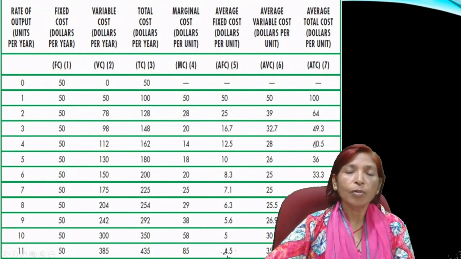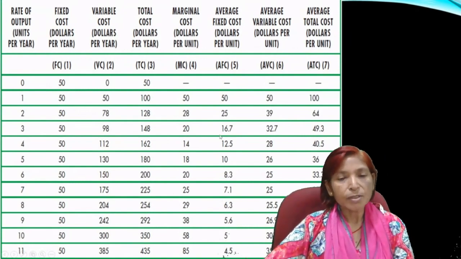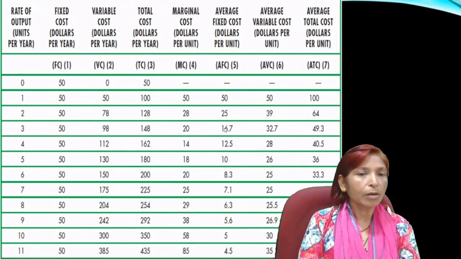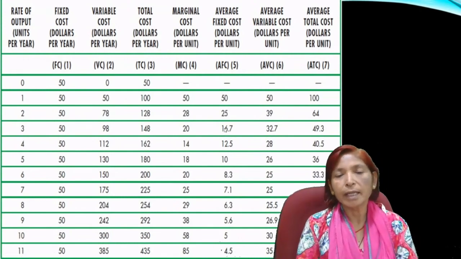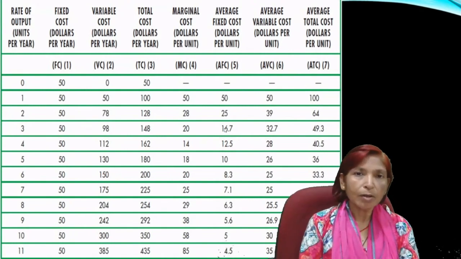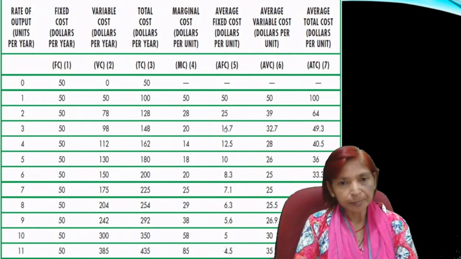So this is the table for calculating all these costs. If we are given only the output units and total cost, we can estimate all these costs like fixed cost, variable cost, marginal cost, average fixed cost, average variable cost, and average total cost.